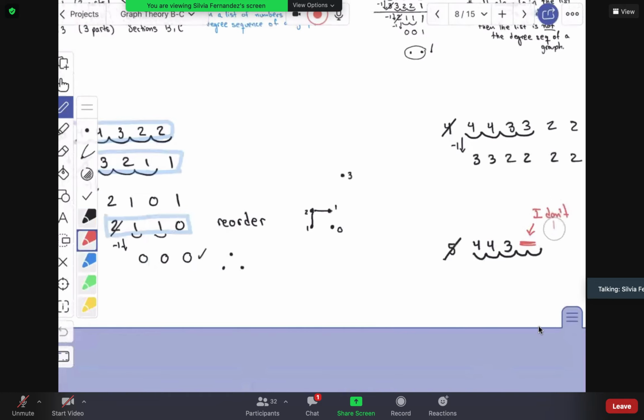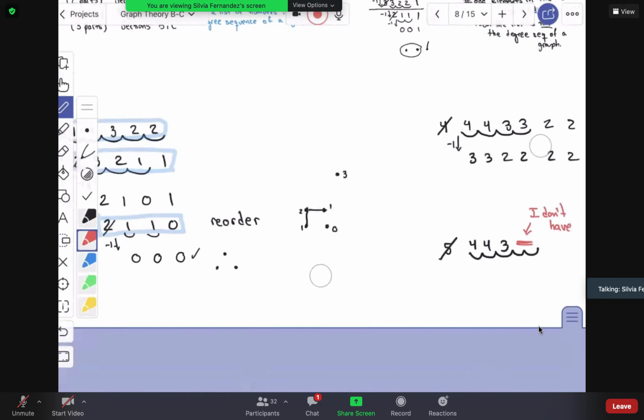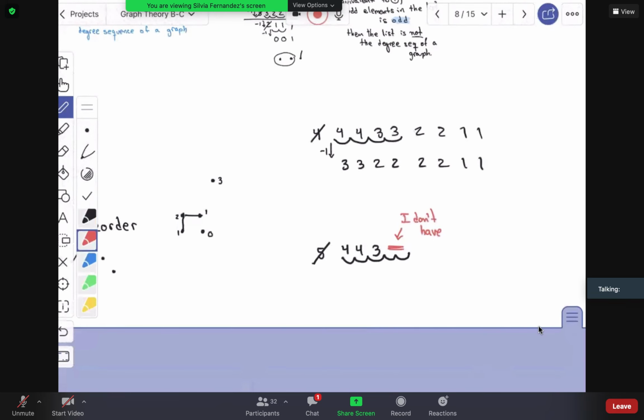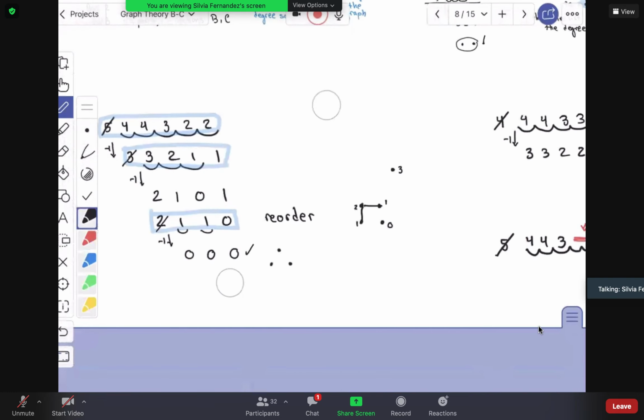That means that my sequence is not the degree sequence of a graph. Okay. Makes sense? So yeah. Okay, so how do you recover the graph?